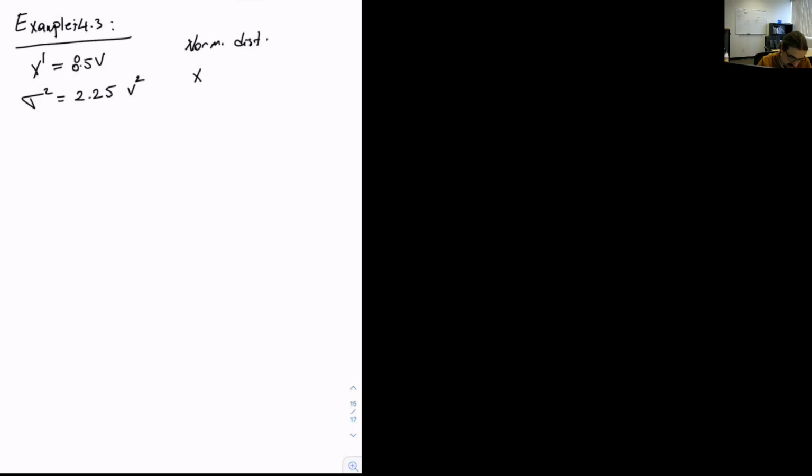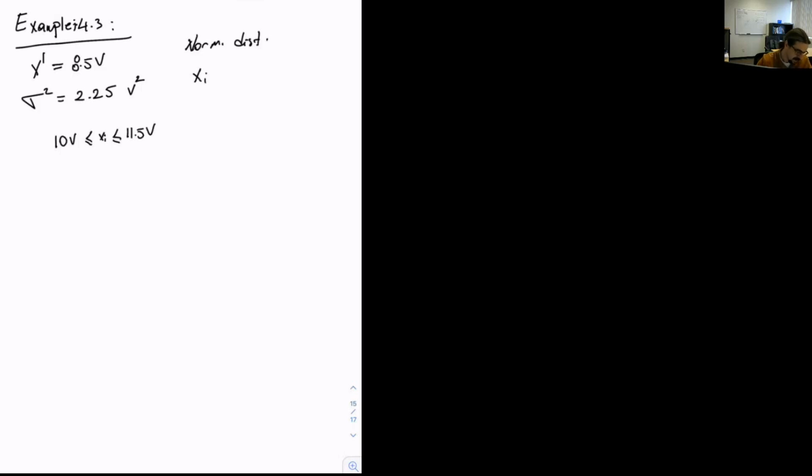It asks if a single measurement is made, let's say xi, what is the probability of this measurement value being between 10 volts and 11.5 volts?